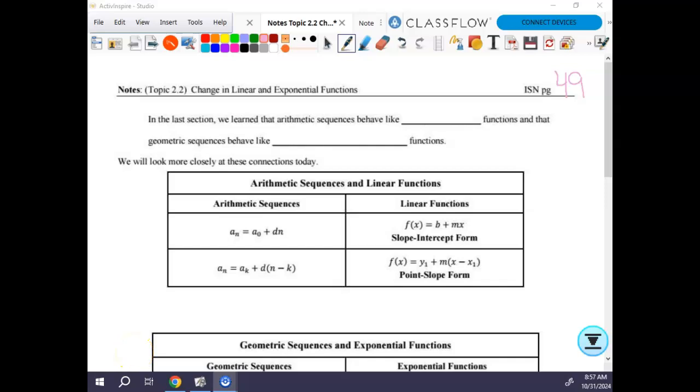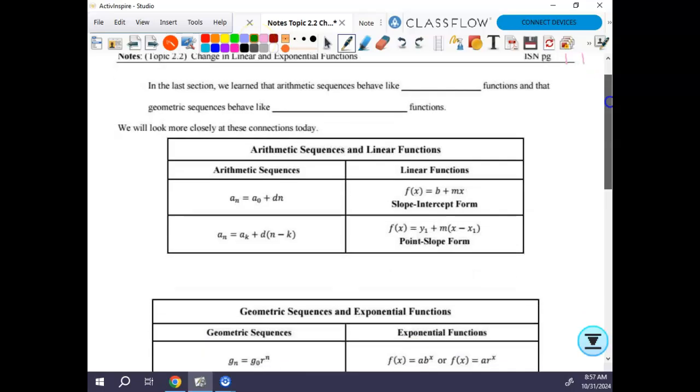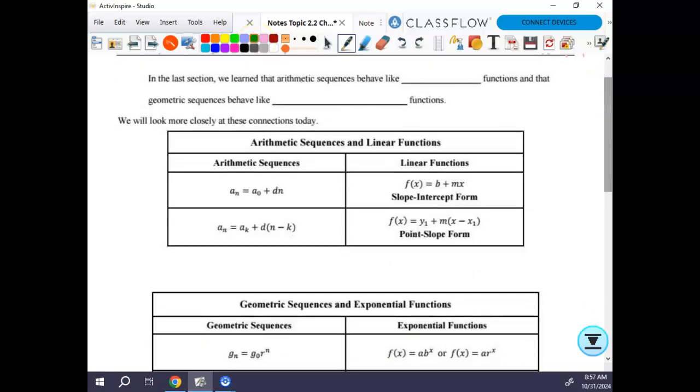For 2 days we've been talking about arithmetic and geometric sequences, and we learned that arithmetic sequences behave like what kind of functions? Linear, good, linear, and that geometric sequences behave like what?